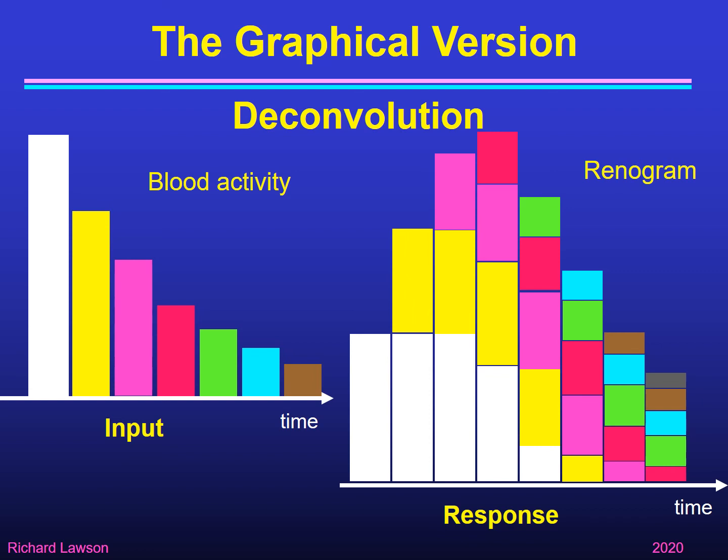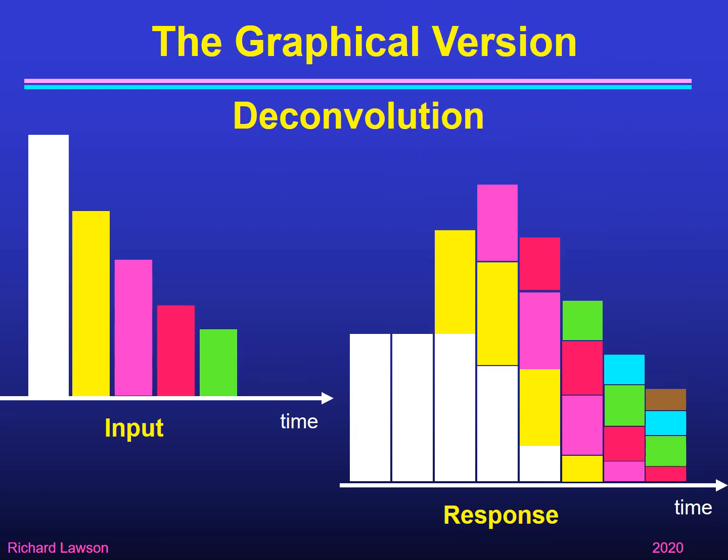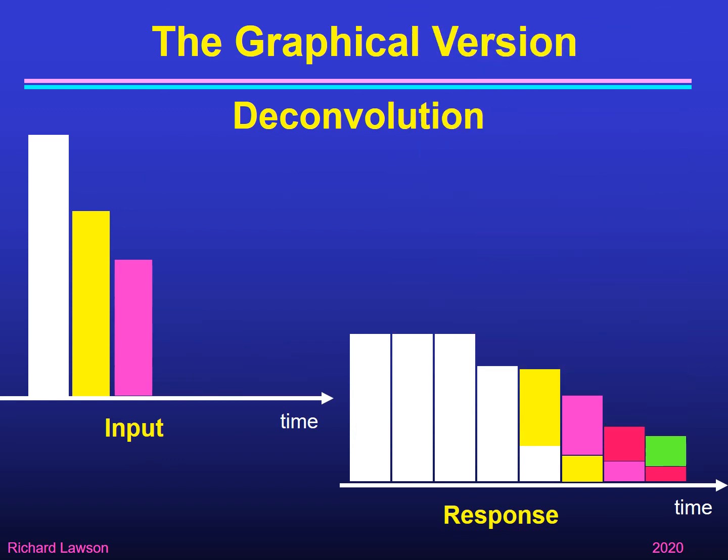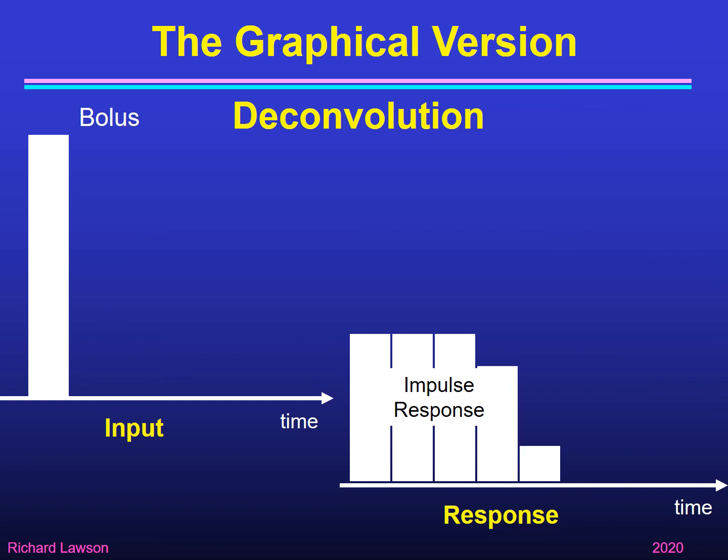Deconvolution is the opposite, where we start with a known blood activity that is decreasing with time and a measured renogram that has this shape, and from that we subtract away a bit at a time all of the elements until we're left with just the impulse response, showing the uptake, the transit and the elimination, which is the theoretical response to this bolus input.